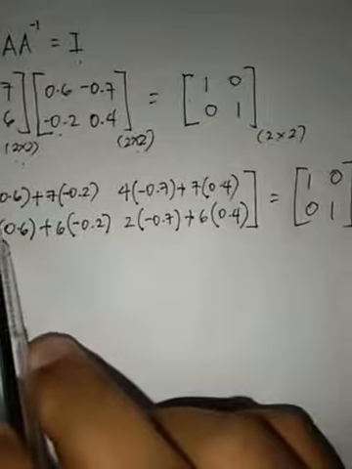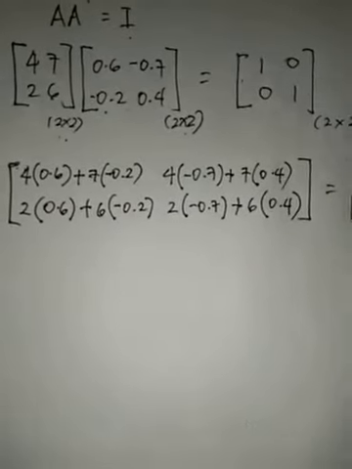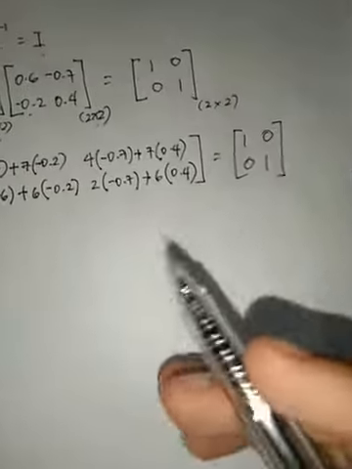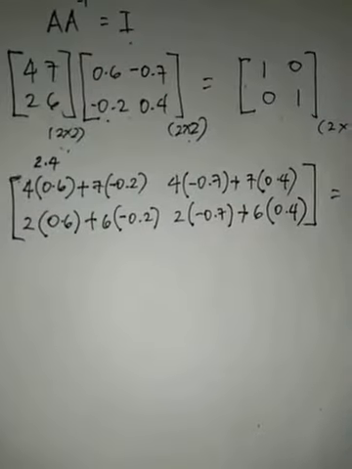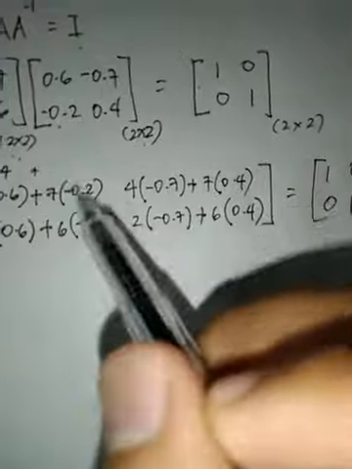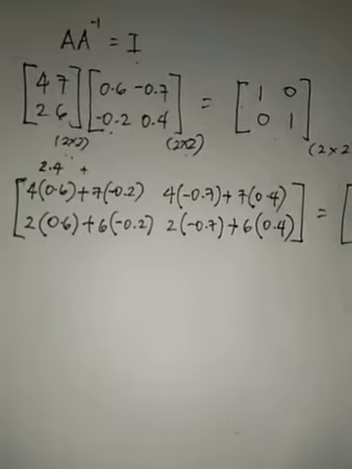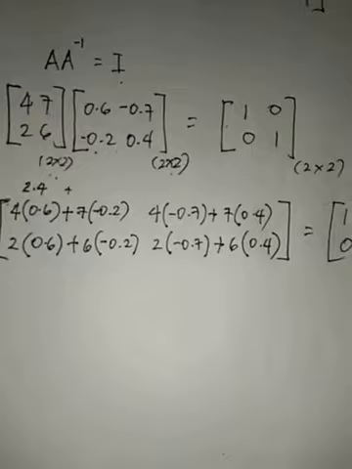So, 4 times 0.6, so this is 2.4. Okay. Plus 7 times negative 0.2.